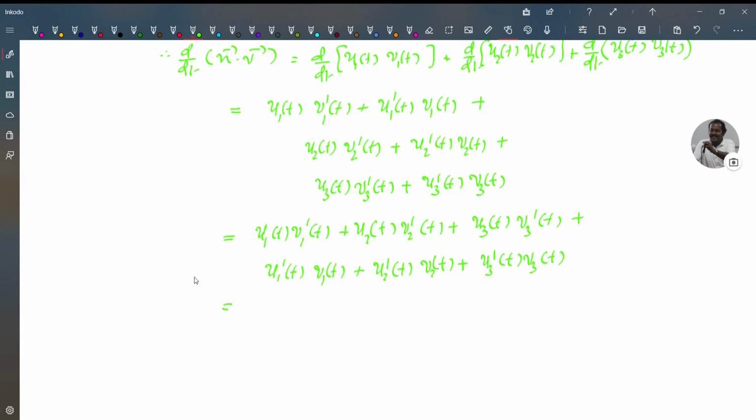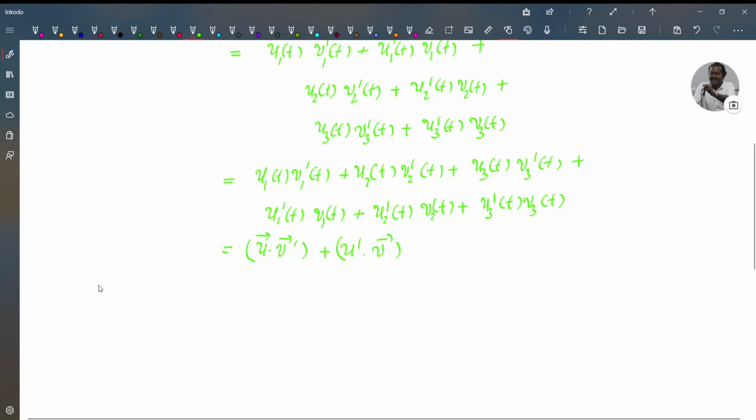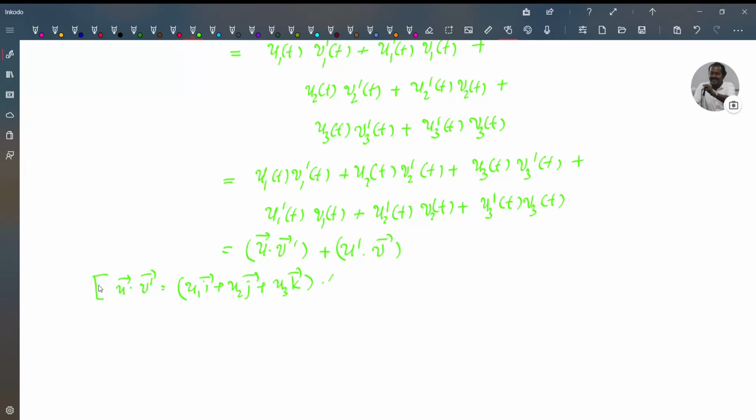This is equal to u dot v prime plus u prime dot v. Since u dot v prime is u1 i plus u2 j plus u3 k dot v1 prime i plus v2 prime j plus v3 prime k. So this is equal to u1 v1 prime plus u2 v2 prime plus u3 v3 prime.